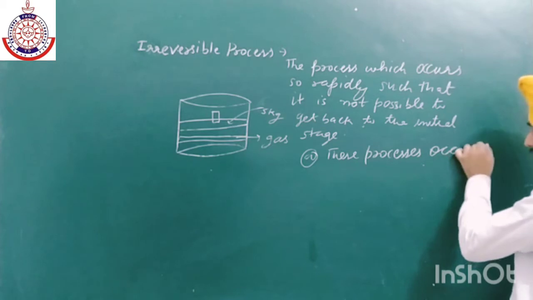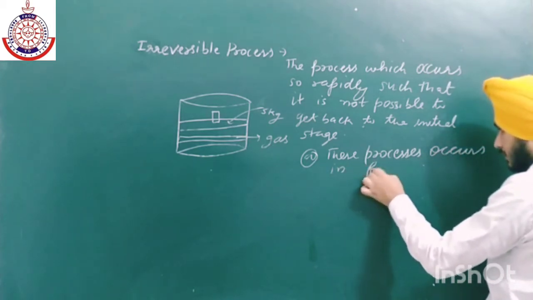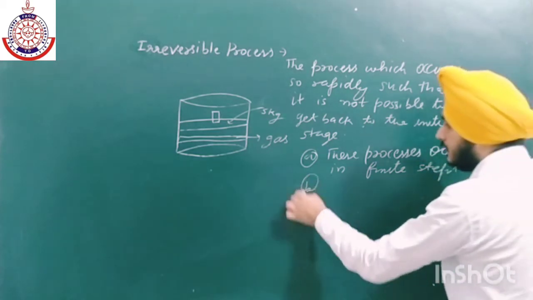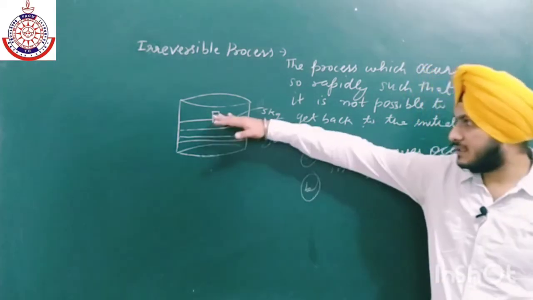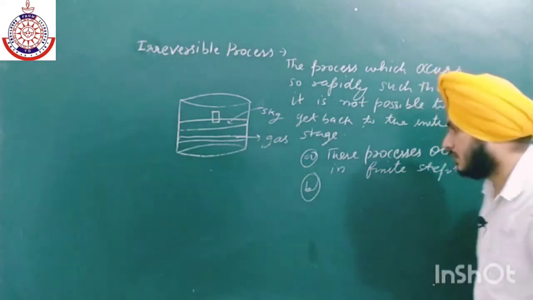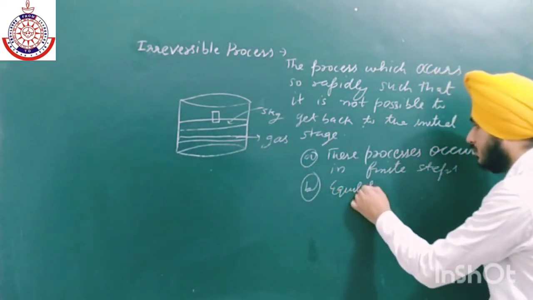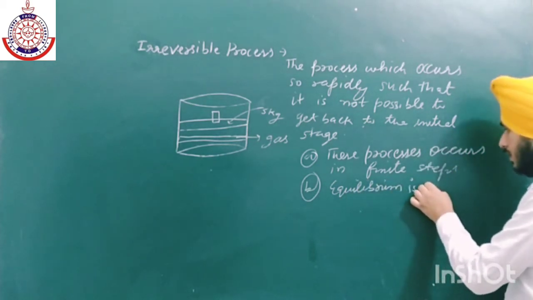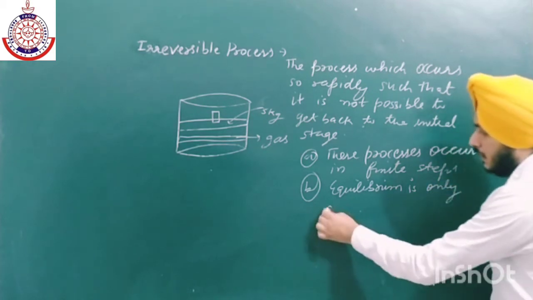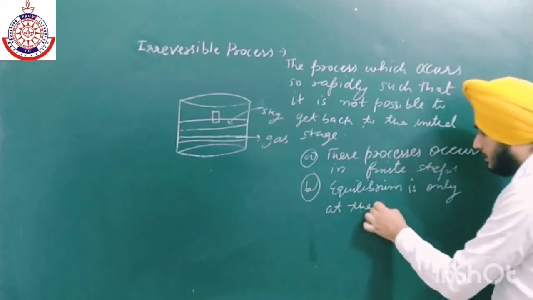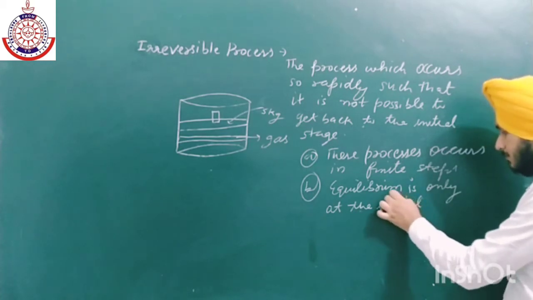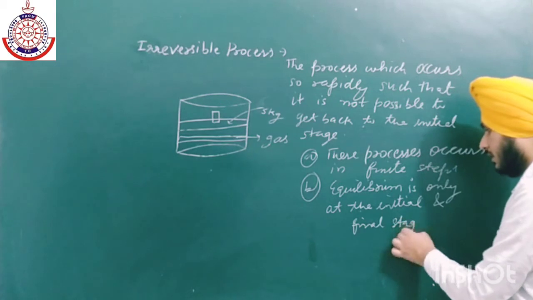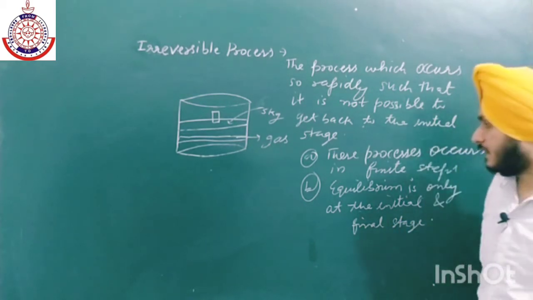So the first point is these processes occur in finite steps. The second point is equilibrium exists only at the initial and final stage.